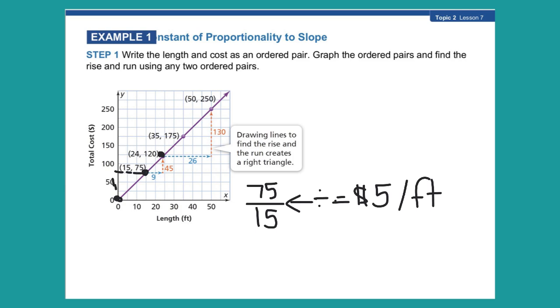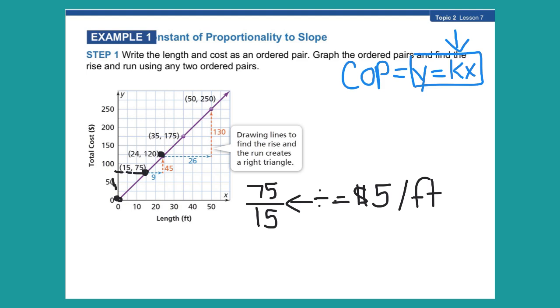Now that's called slope, or last year we would have called that the constant of proportionality. Now last year, for our constant of proportionality, we had an equation that looked like this. And every time we found our unit rate or our constant, we put it right there.